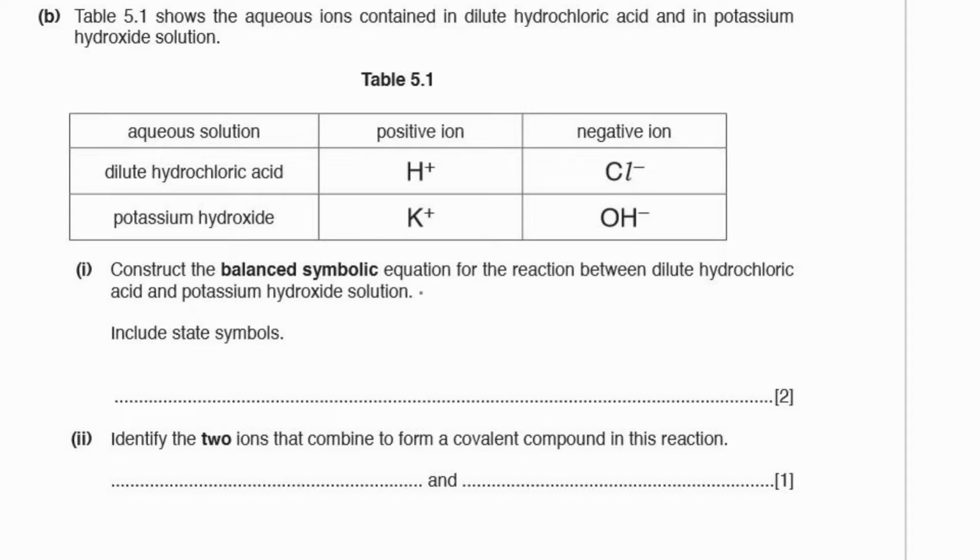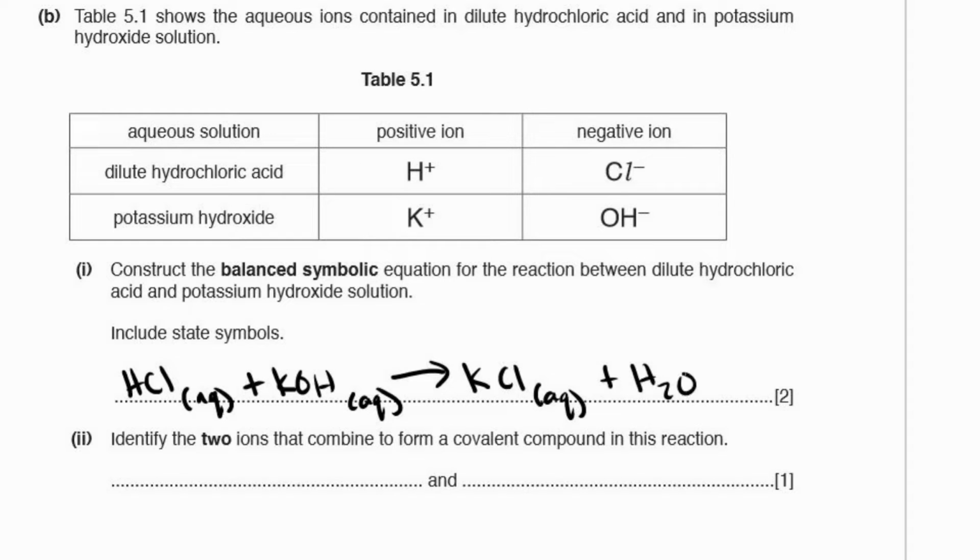This means you can't do a word equation. So we start off with HCl(aq) plus KOH(aq), which produces KCl(aq) plus H2O(l). Water is not aqueous because aqueous means dissolved in water, and you can't have water dissolved in water.